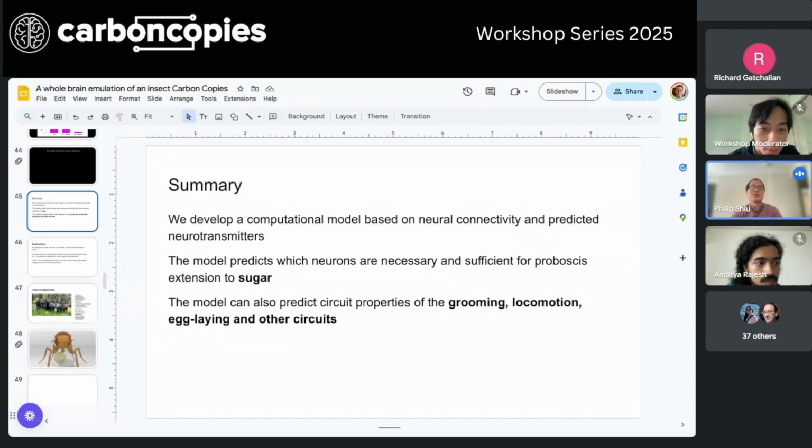There's a decent amount of literature on what the effects of each of these neuropeptides are, so you could build that into various models.